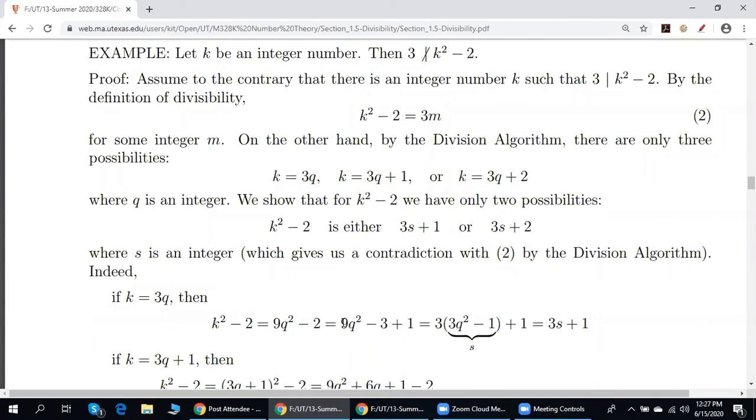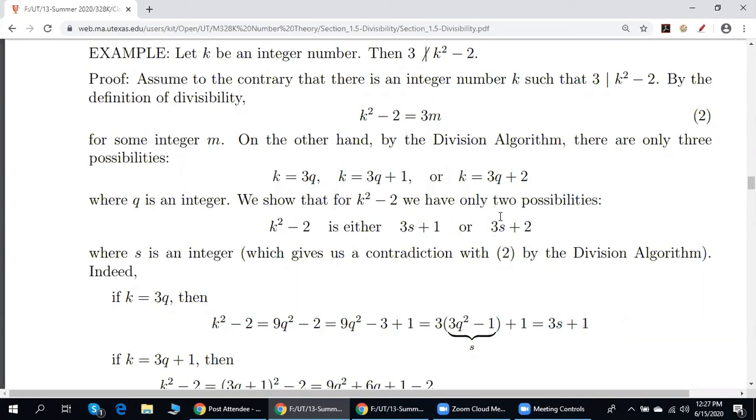Lastly, factor out 3 here. Done. And denote this by s. Conclusion: if k is equal to 3q, k squared minus 2 is of the form 3 times integer plus 1.